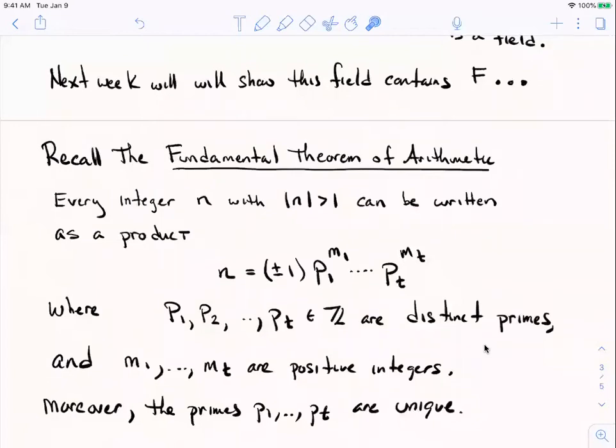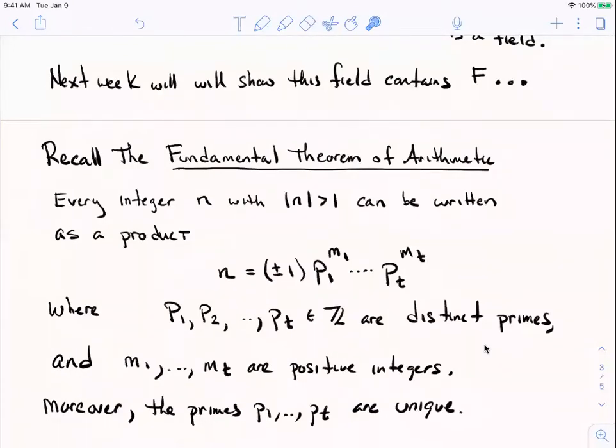It says if you take an integer that's bigger than 1 in absolute value, that's just a lazy way of saying that it's not 0, it's not 1, and it's not -1. And as I'm speaking here, I'm going to kind of speak by analogies. So I have an integer that's not 0 and it's not a unit. Because 0 is just out of the question, and plus and -1 are the only units in the ring of integers.